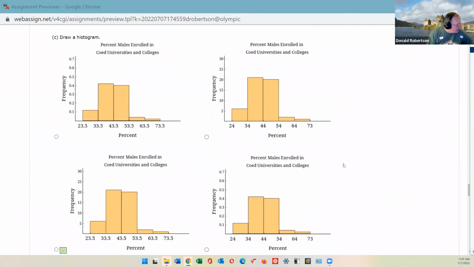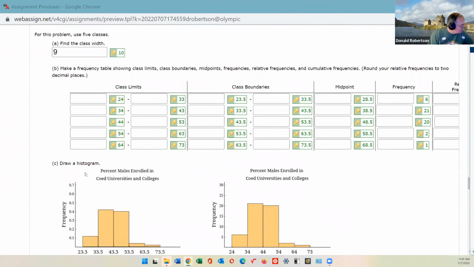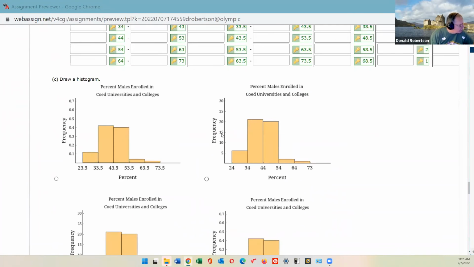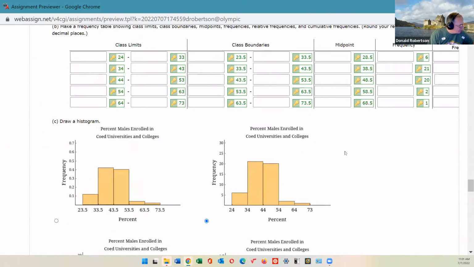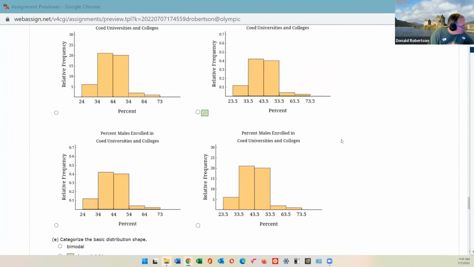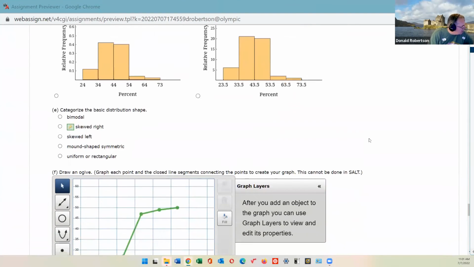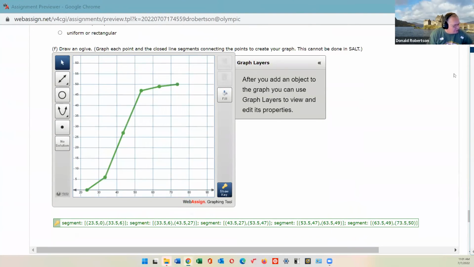That's annoying. Okay, the first one should be, oh, it's a frequency. What do they want? Draw a histogram. Okay, so they want this guy. That's a relative frequency. That's percentages and stuff. Okay, and move on.